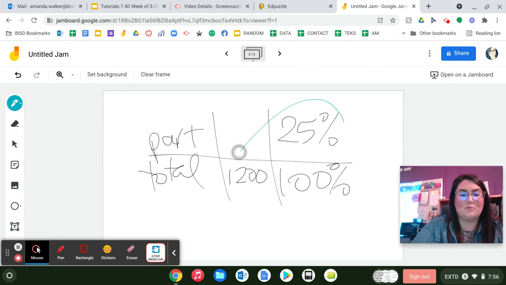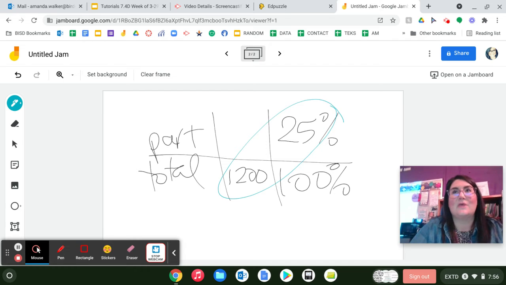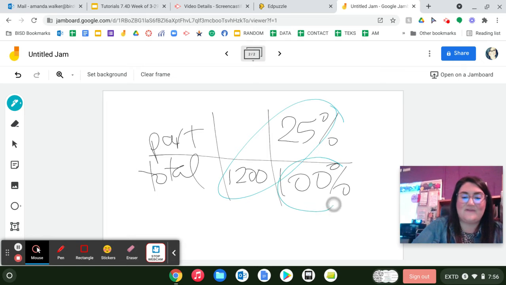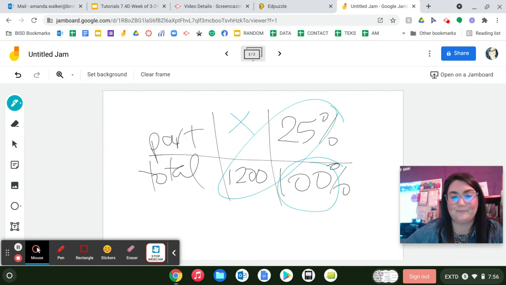So from here, what we would do is multiply these two numbers, and we ignore the percent. Okay, we're not going to turn that into a decimal and multiply. We're just going to multiply 1,200 times 25 and divide by 100, and that would give you this missing piece right here. I also know that 25% means 1/4.